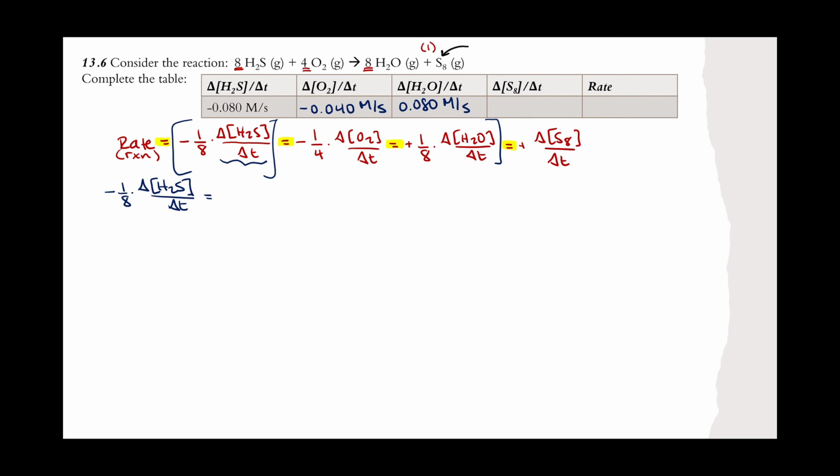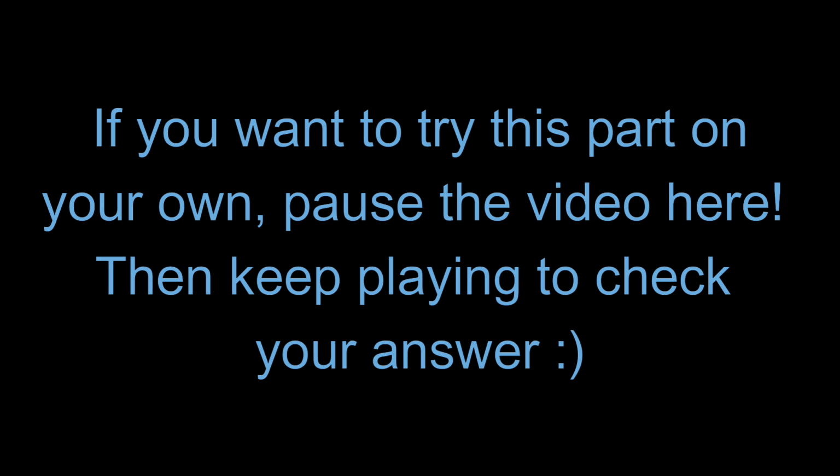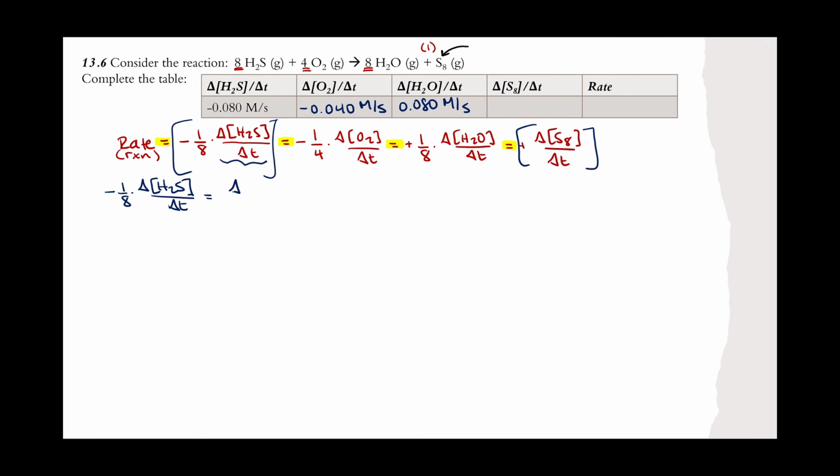Again, now we're just looking at this last reactant. This one's kind of nice. We have a coefficient in front of it of 1, so we don't have to worry about multiplying by a reciprocal of something. We can actually just go ahead and plug in that given value.